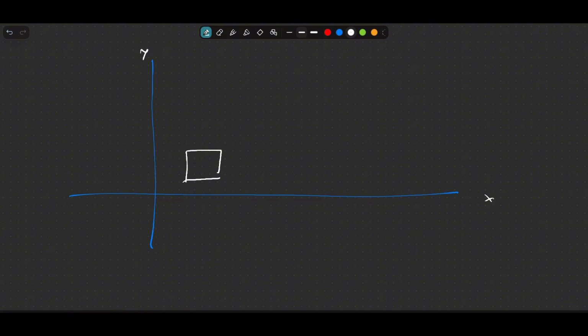Suppose this is a coordinate system, this is the x-axis and the y-axis. We have one square here, another square here, and another square here.